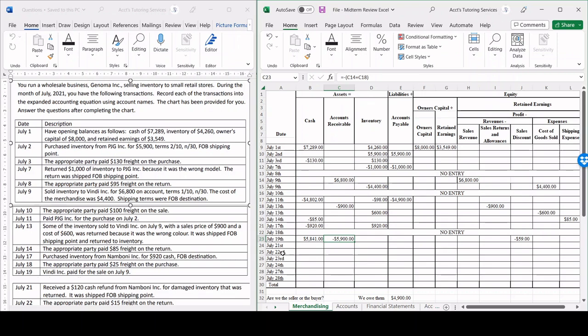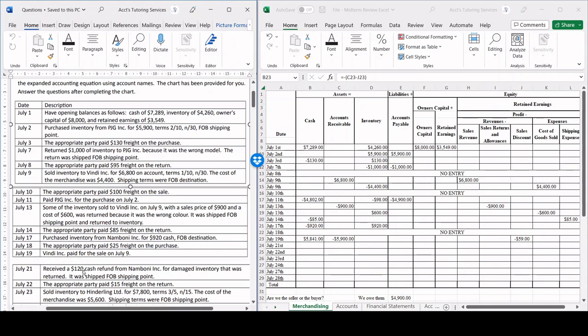Since they paid us within the discount period, we're going to increase sales discount by negative 5,900 times 0.01. And then since in reality they owed 5,900, but they got a $59 discount, they're only going to pay us 5,841. So now that's done for July 19th.